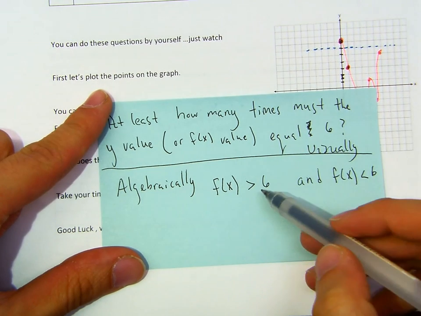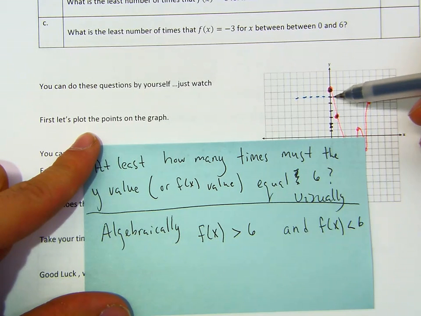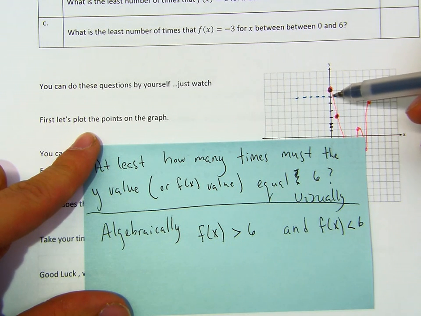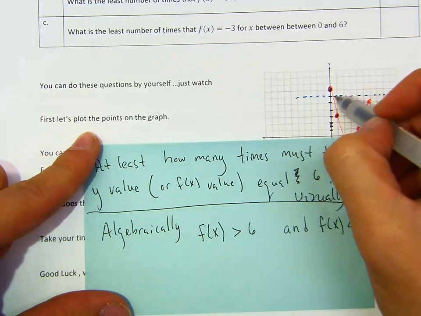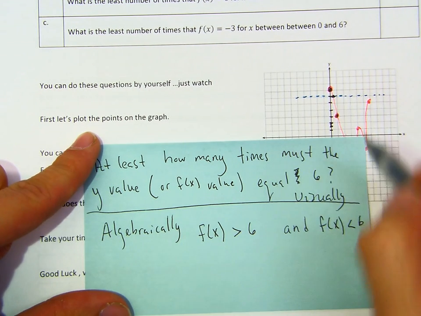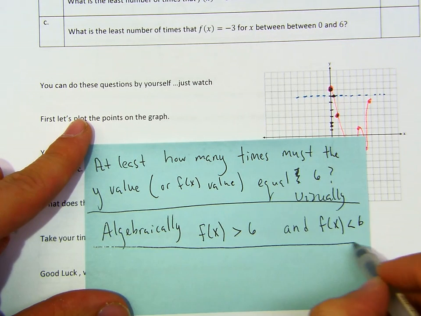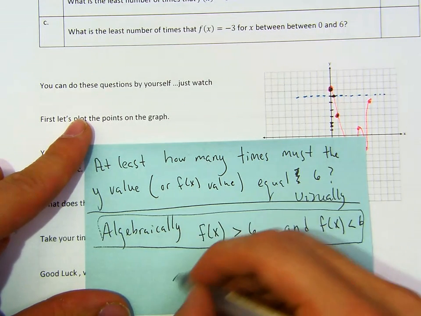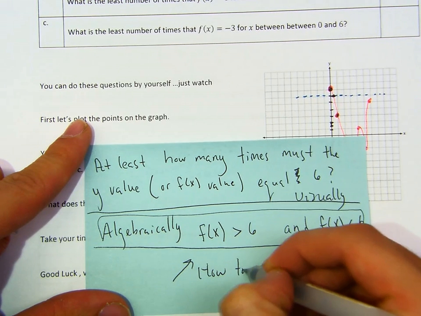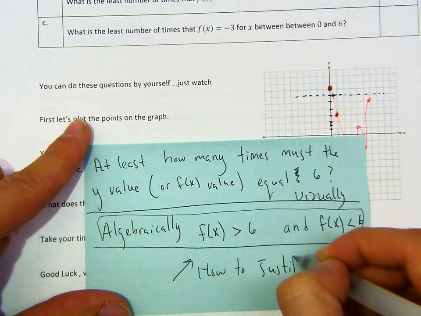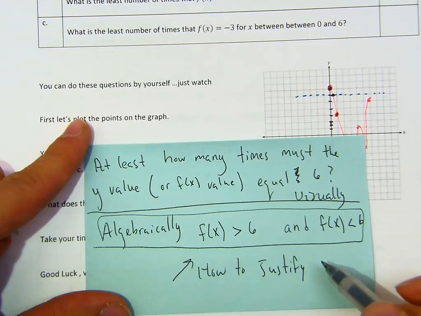Once you have a value above 6 and a value below 6, you will have at least one point where that y value is equal to 6. That's the idea here, and this is how you justify it algebraically.